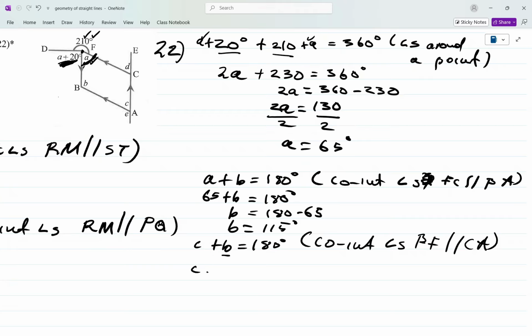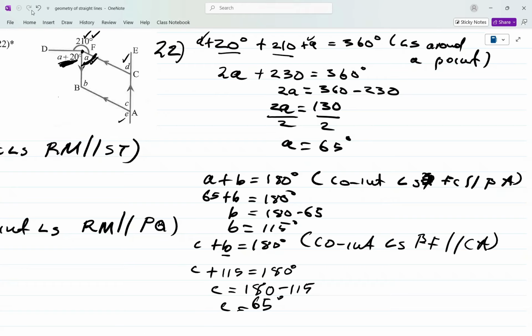Therefore, I'm going to say C plus 115, and I'm still having 180 on the right hand side. Therefore, C will be 180 minus 115. The value of C will be 65 degrees. So we are left with D, we are left with E.